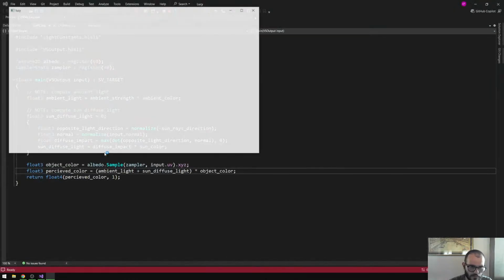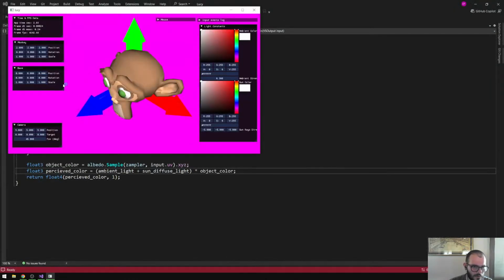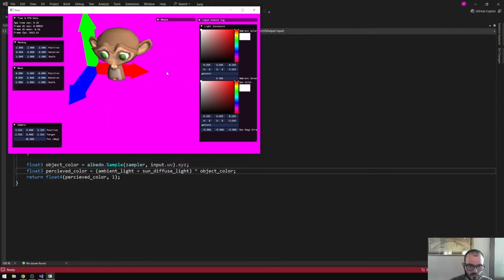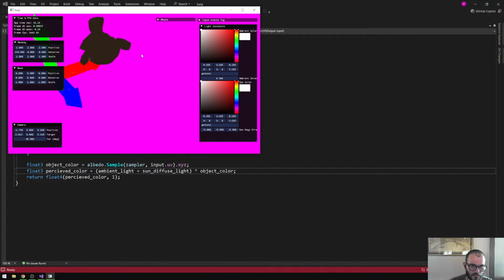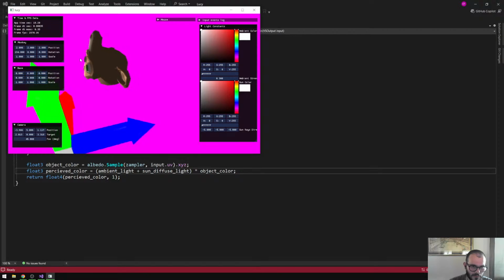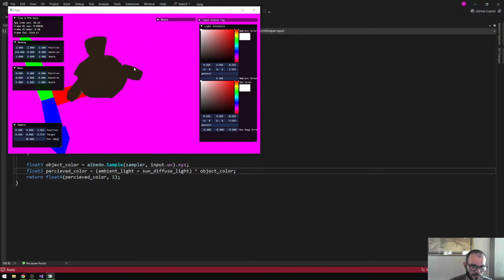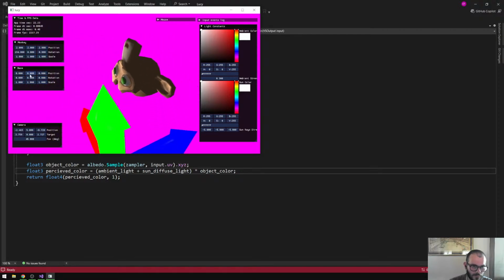So the problem is that, if I rotate the monkey around the X, I would love to see the monkey lit up right here, but I don't see that.